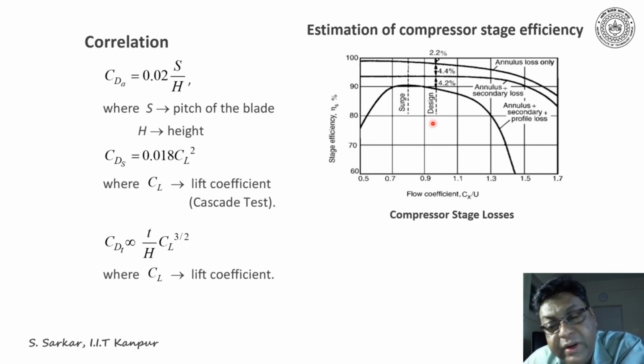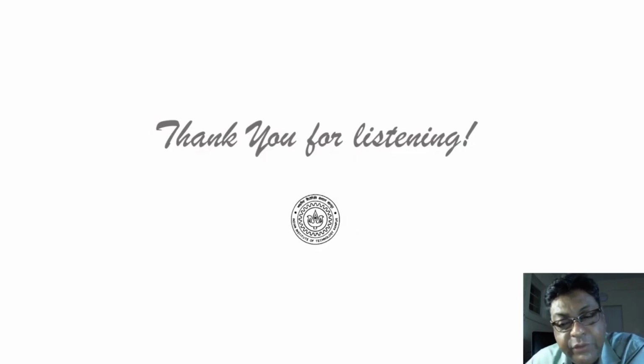Now it should be noted that profile loss dramatically increases after a certain value of flow coefficient. Thus, if I increase phi, the contribution of profile losses would be much higher compared to the other two. Thank you for listening.